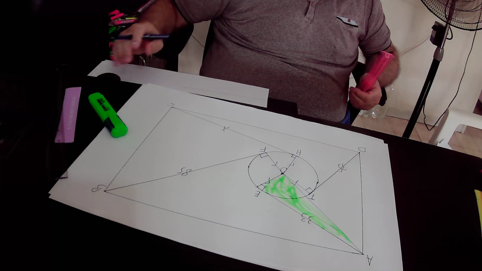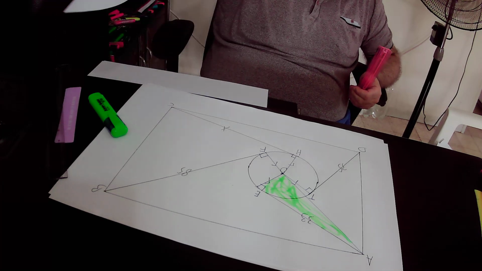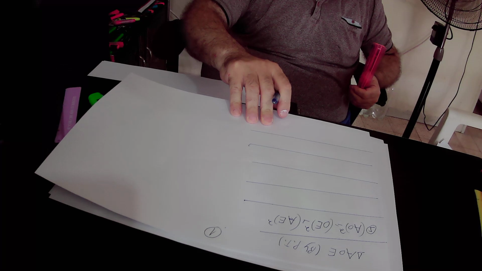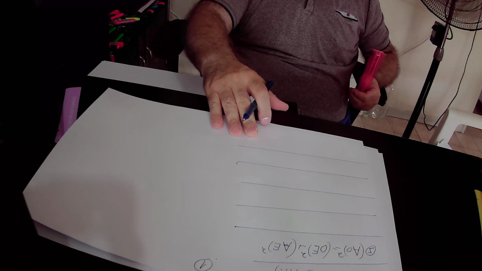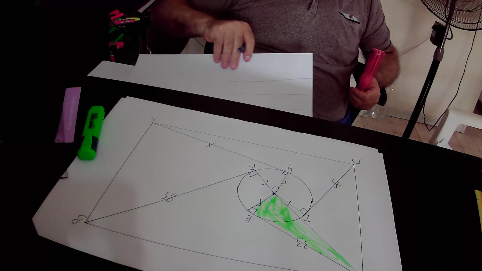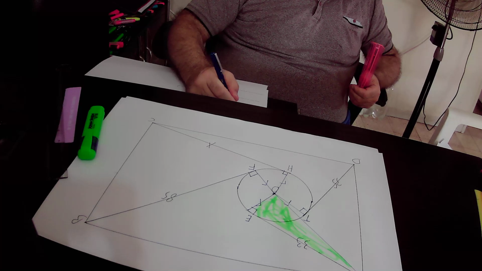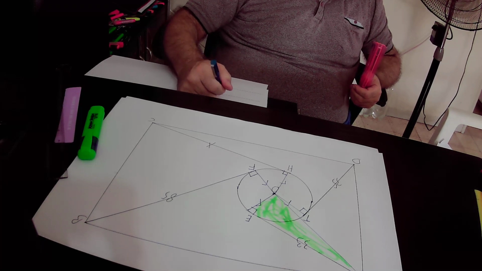So I found out that according to the Pythagoras theorem, on the right green triangle, triangle AOE, AO square equals OE square plus AE square. So AO square equals OE square.